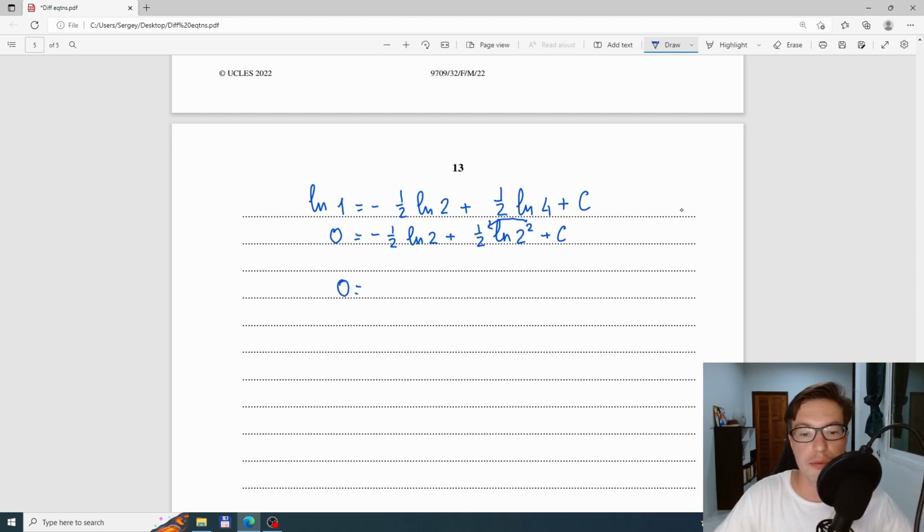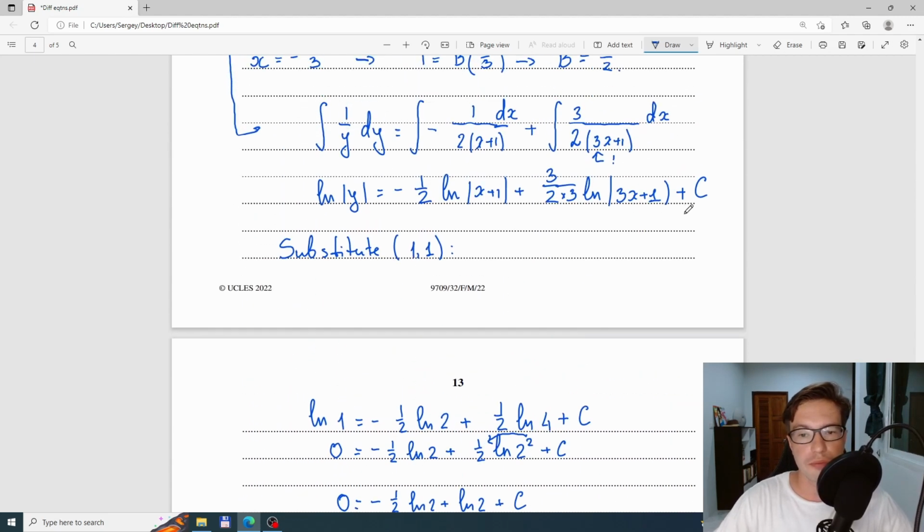So I get 0 equals minus a half log 2 plus natural log 2 plus c. And I get 0 equals a half log 2 plus c. So that means c equals minus 1 over 2 natural log 2. Okay, put this c back into this equation.